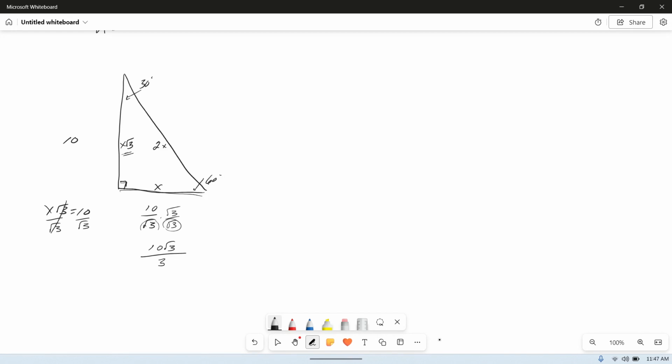So if x root 3, the long leg, is 10, the short leg is 10 root 3 divided by 3. The hypotenuse, remember, is twice the short leg. So I'm going to multiply the 10 root 3 over 3 times 2 to find the length of the hypotenuse, and that's simply 20 root 3 over 3.